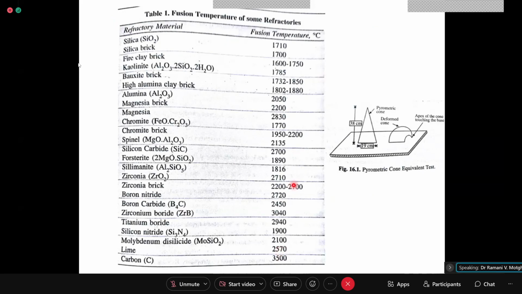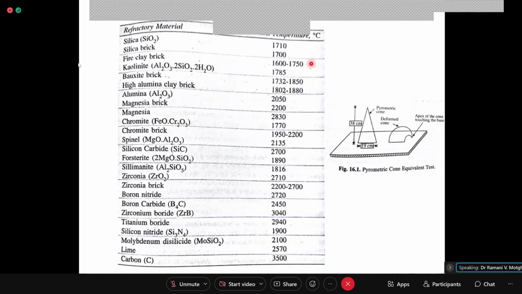It is just heated at a specific rate, and you measure the softening or the fusion temperature. So this is the table taken from your book. I'll give you a book PDF of this topic so that you can read it properly. I might not be covering 100% of this portion, so a book PDF has been made. You can go through that.